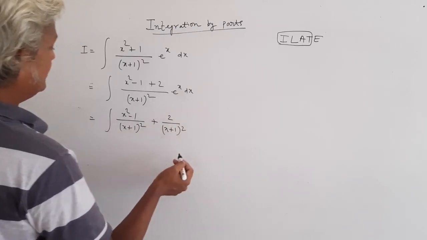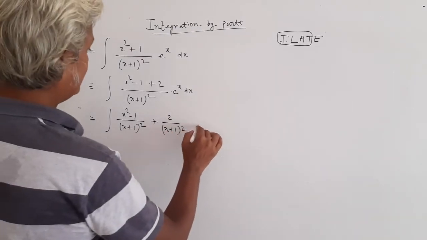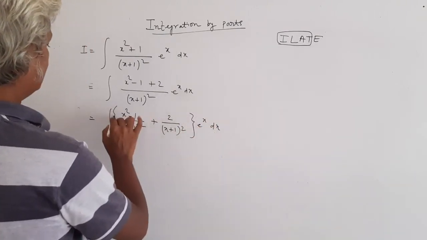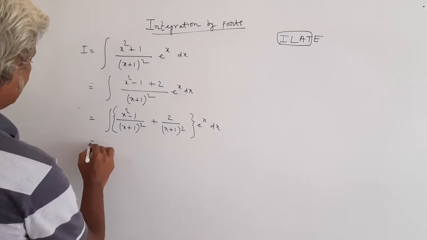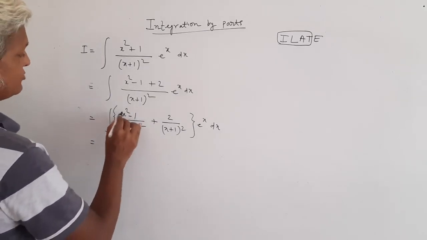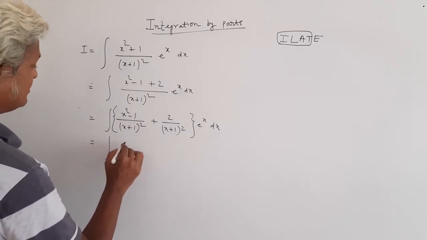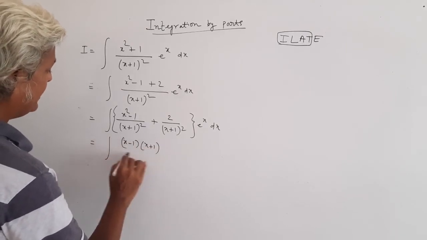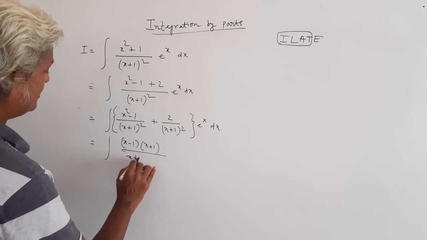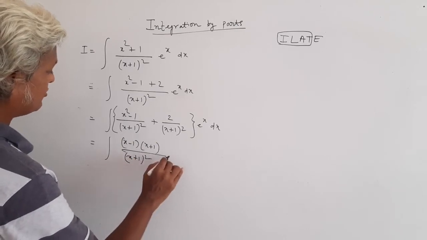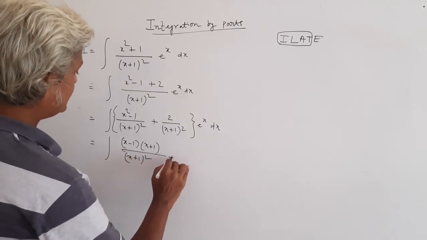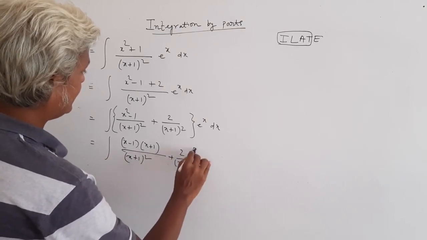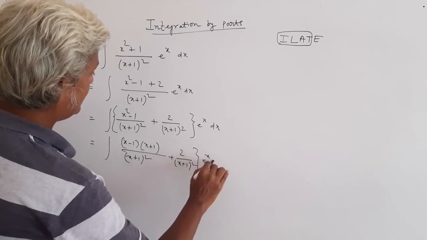Now let's see whether we can find our required term using this way. So here x square minus 1 can be written as x minus 1 x plus 1. So this is x minus 1 x plus 1 over x plus 1 whole square plus 2 over x plus 1 whole square e to the power x dx.